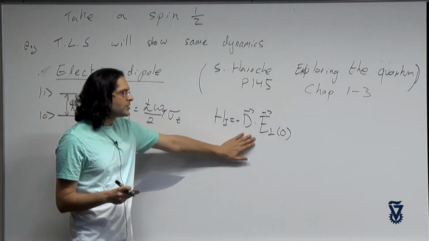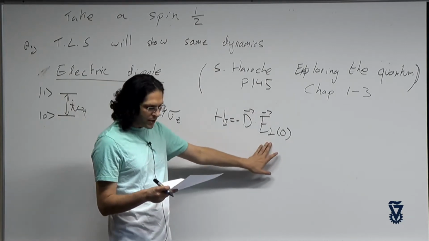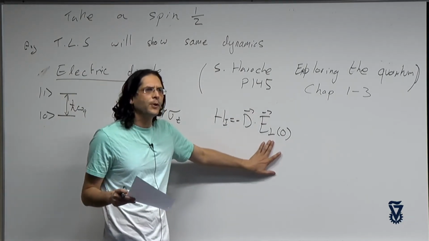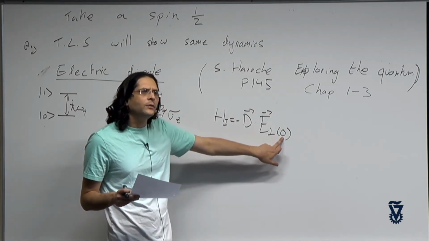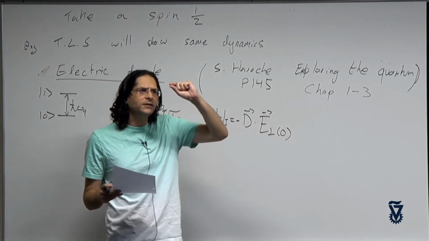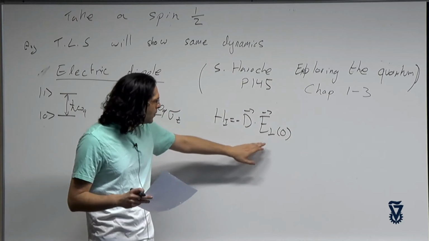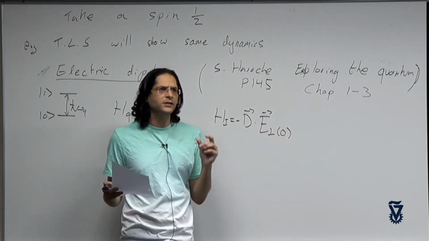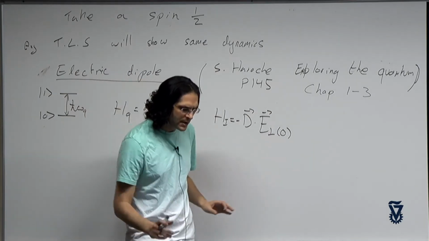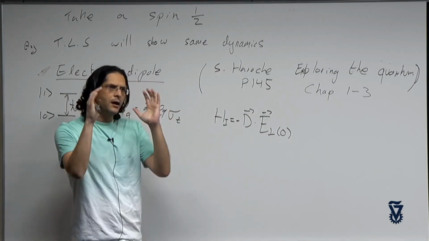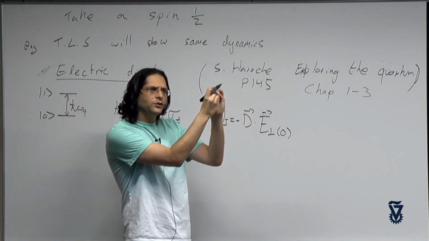Okay, so the interaction Hamiltonian, this is our dipole, and this is our electric field. Now we're taking the transverse component of the electric field. And I wrote here 0 because we're assuming that our dipole is tiny with respect to the wavelength. So what we're doing here is taking something called the dipole approximation. It's a convenient approximation that is done when you take a field and some distribution of charges.